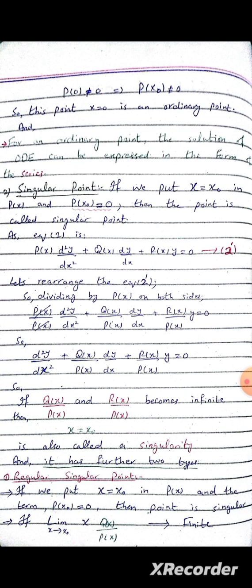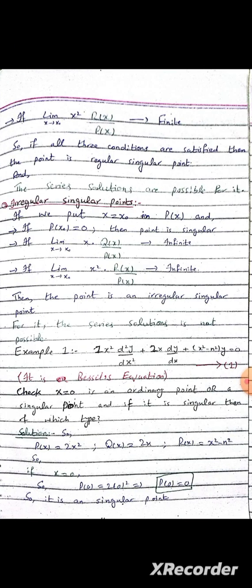And if we apply the limit x approaches x naught of x into q of x by p of x, the desired result is finite, and also applying the limit of x square into r of x by p of x as x approaches x naught also gives a finite number. Then, if all three conditions are satisfied, the point is a regular singular point, and series solutions are possible for it.